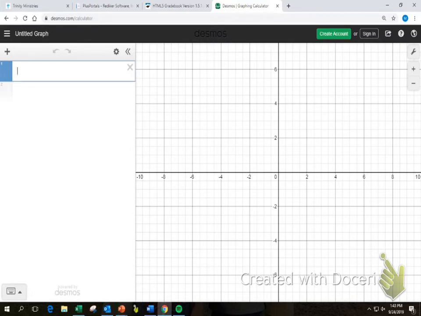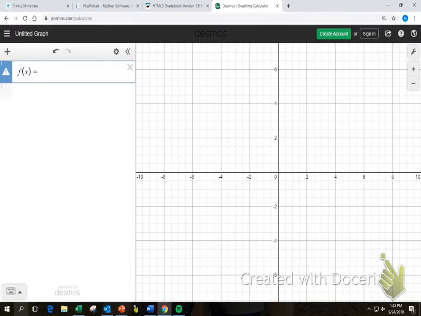The problem that they've asked us to graph is f of x equals the absolute value of x. Now, what's another variable that we could use in place of f of x? Y. So Desmos does recognize y or f of x. If you do f of x, just be very careful and make sure you're actually putting the x in parentheses, and then it equals.